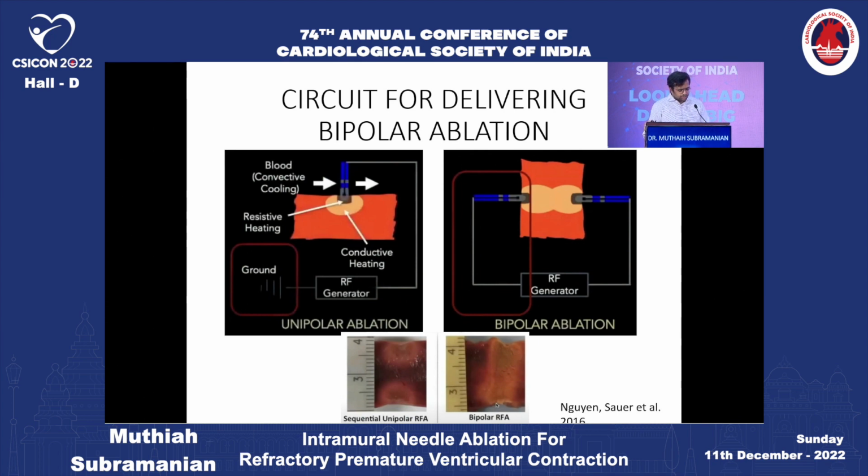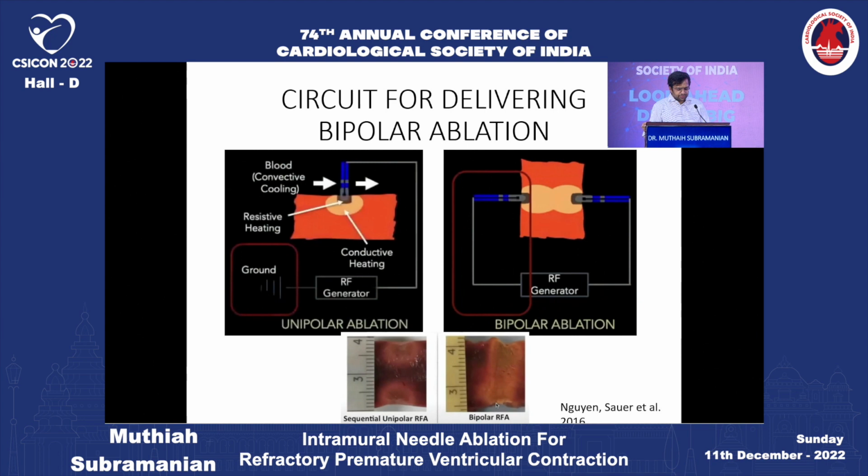So you have a small rim of resistive heating, and because of thermal conduction, you have a conductive heating zone that is sort of creating your lesion. So this is what a traditional unipolar ablation is. Now you can trick the RF generator to sort of change your ground patch into a separate unipolar ablation cable.